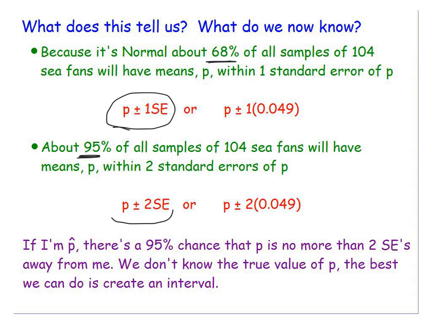So the mean plus or minus 2 standard errors will represent 95% of our CFANs.